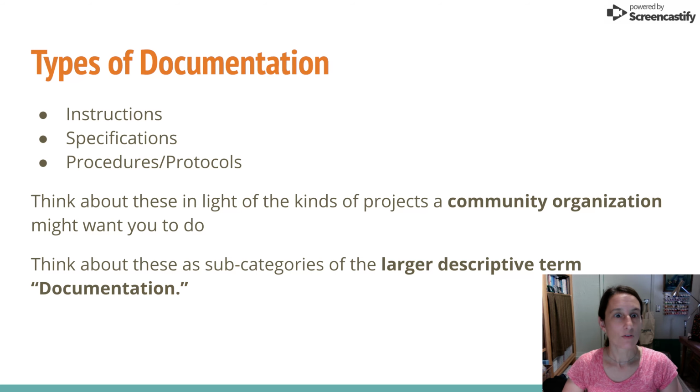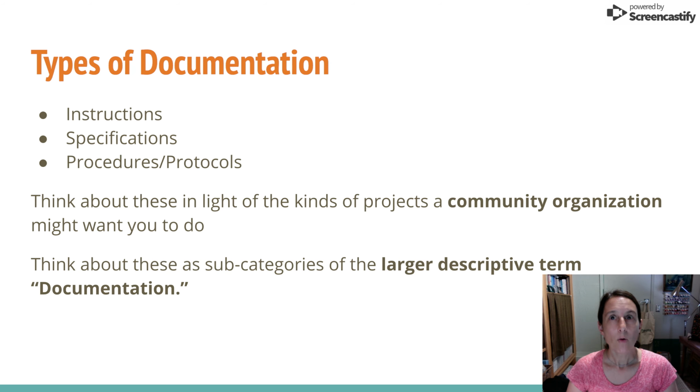So there are several types of documentation: instructions, which is what you're working on, specifications, and procedures and protocols. So I want you to think about these in light of the kinds of projects a community organization might want you to do. As you know, in a few weeks, you're going to be embarking on creating a kind of output. It can be a video, it could be a document for a community organization.